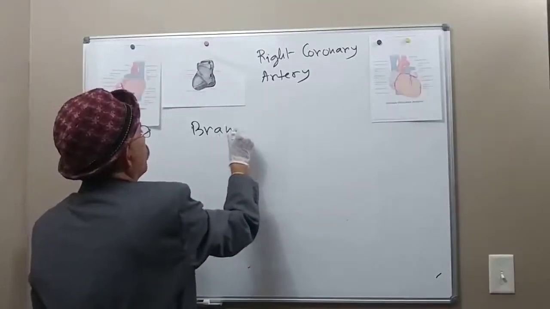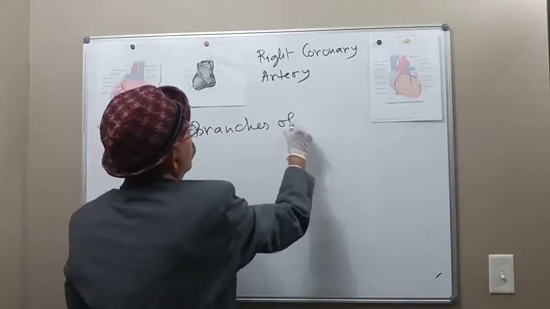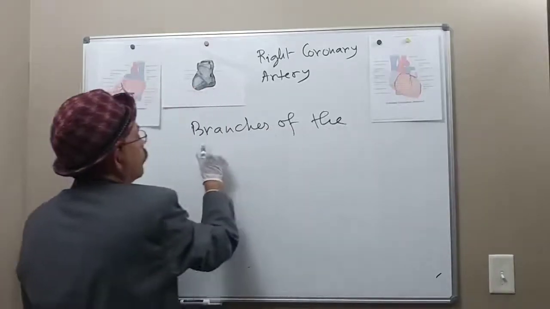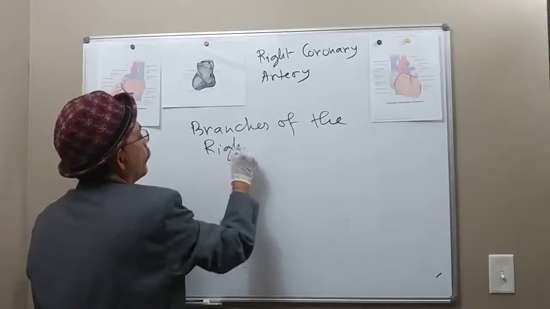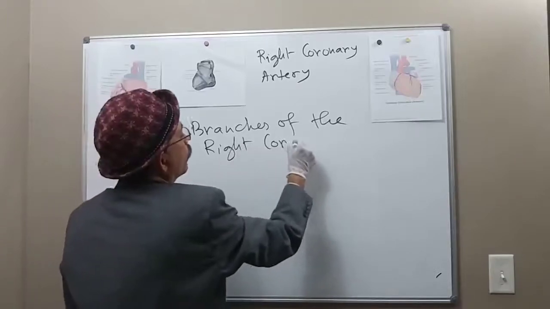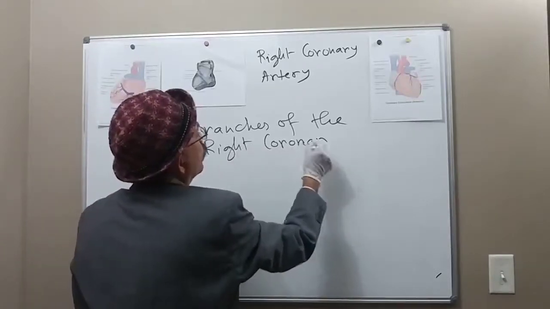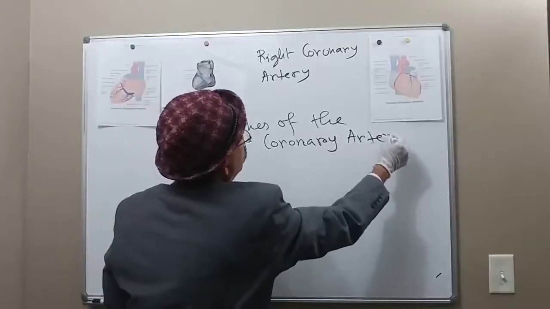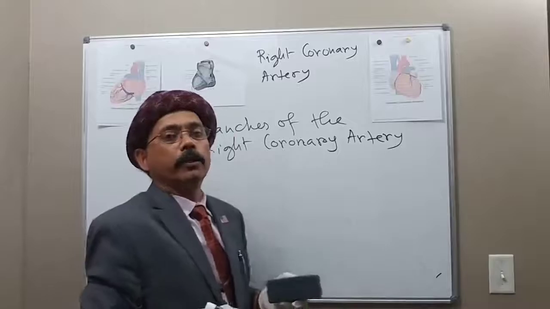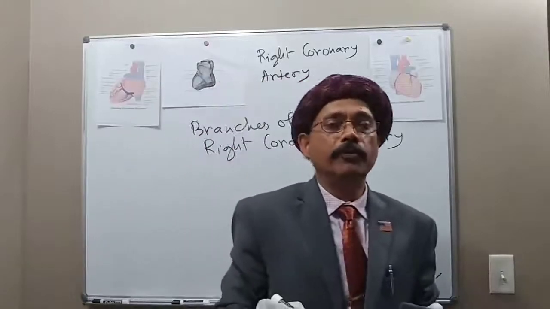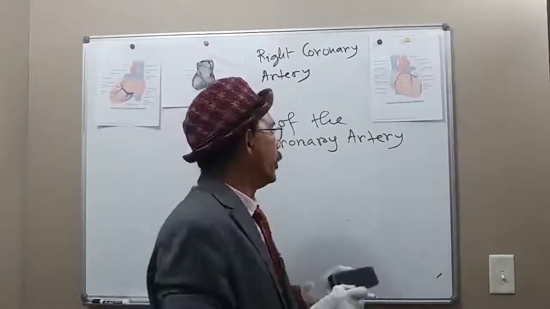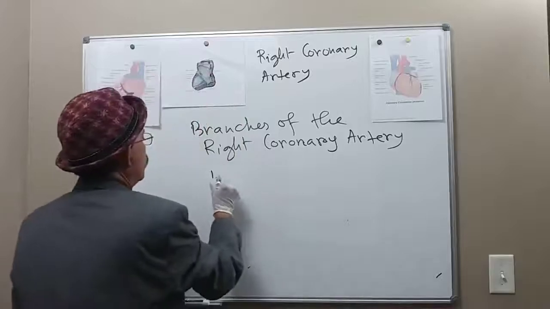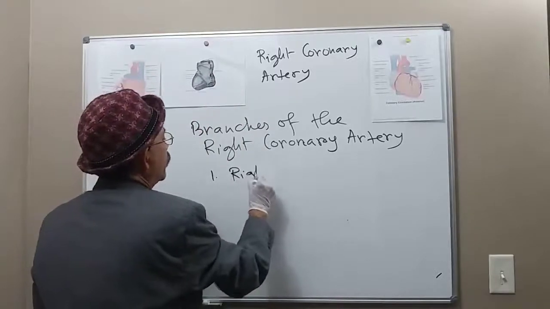Branches of the right coronary artery. The right coronary artery has two major branches. One is the right marginal artery.